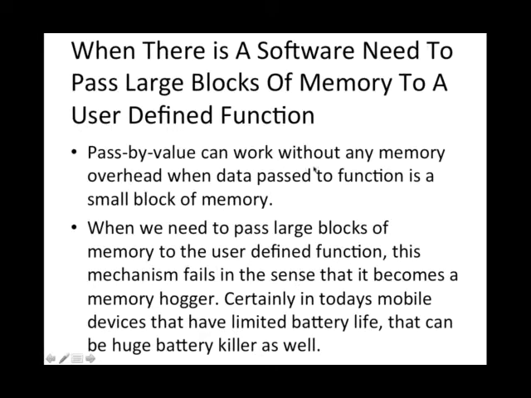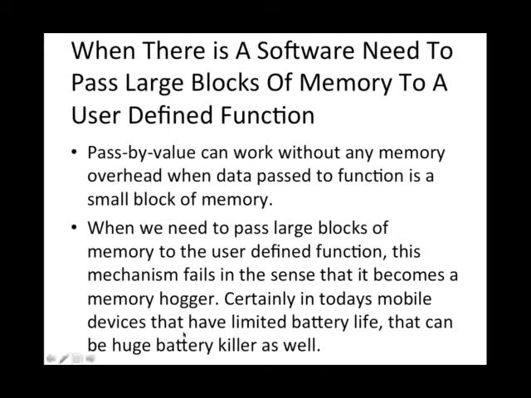Pass by value can work without any memory overhead when the data passed to the function is a small block of memory. Int is 4 bytes, double is 8 bytes, character is 1 byte. If you're passing these small pieces of data, that's not a problem in passing by value.